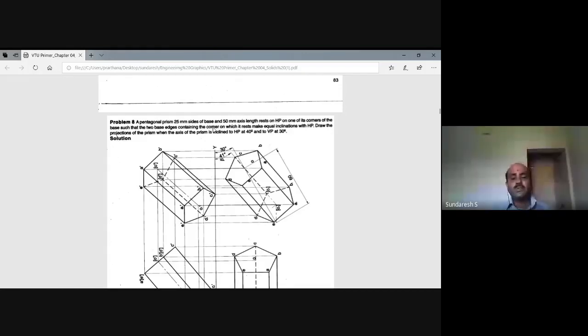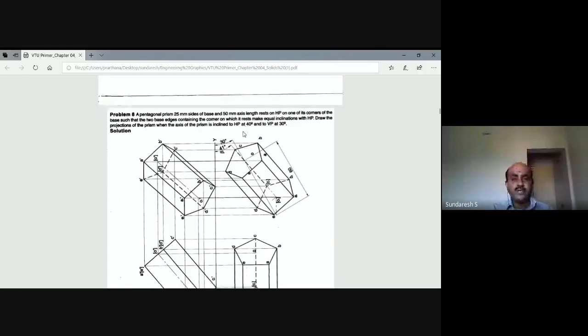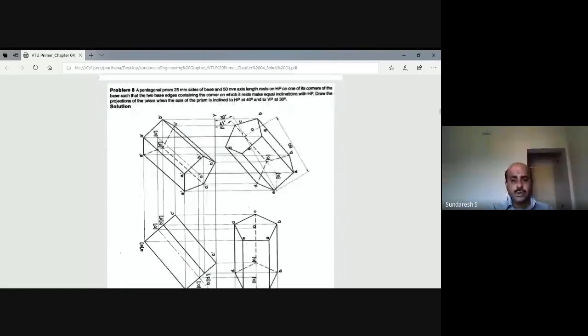Draw the projections of the prism when the axis of the prism is inclined to HP at 40 degrees and to VP at 30 degrees. So now we are going to start the problem.